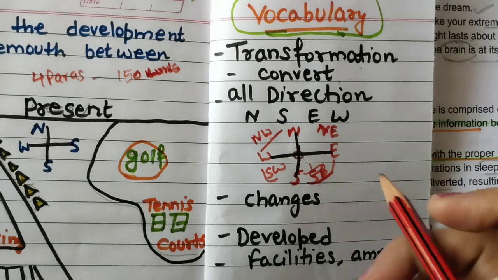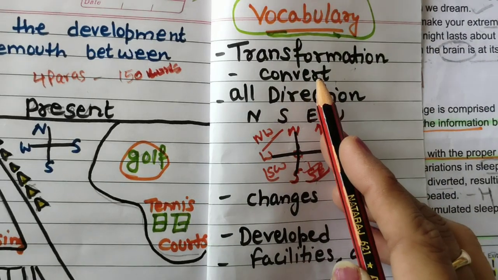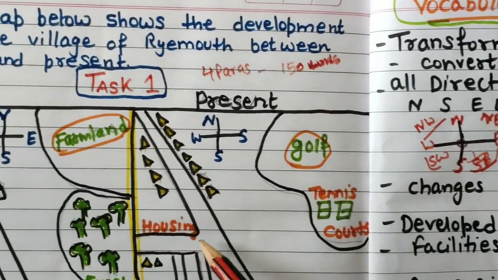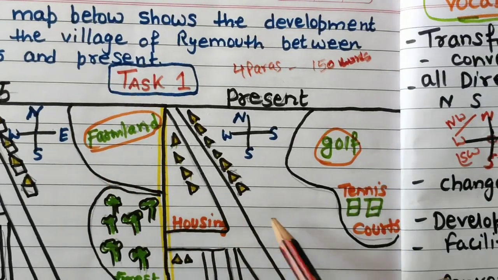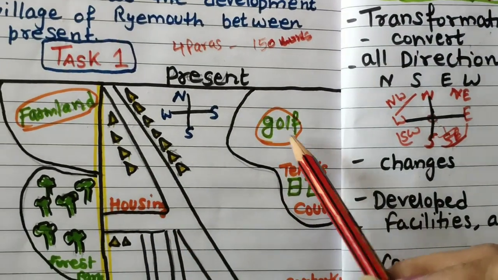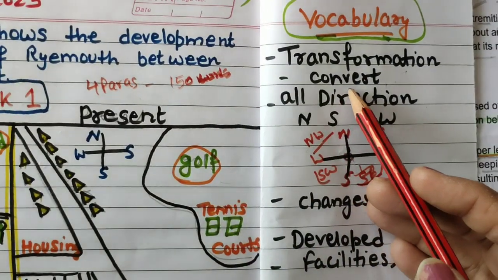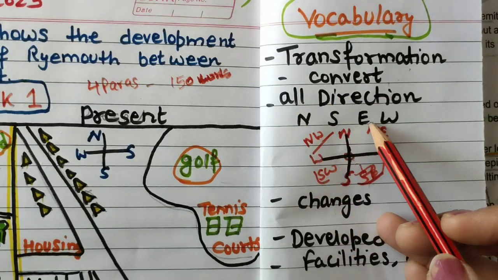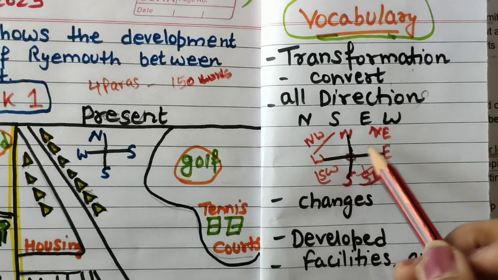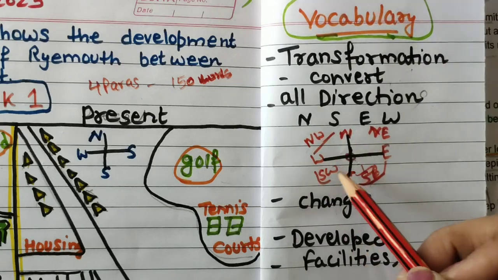Now vocabulary: transformation. Transformation means converted, transfer, like here also you can see in the past it was this, and in present they have transformed farmland into golf. So that is transformation. Okay, convert. All directions, like as I explained to you earlier, north, south, northwest and all.